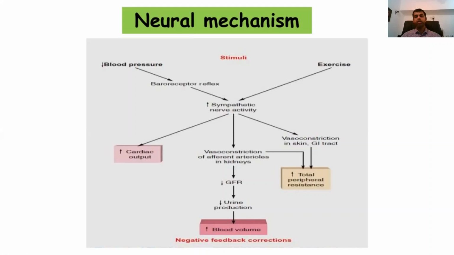So the body is not worried about maintaining the glomerular filtration rate initially. It tries to maintain blood pressure, but as a result you would have a low glomerular filtration rate, and that can result in oliguria.